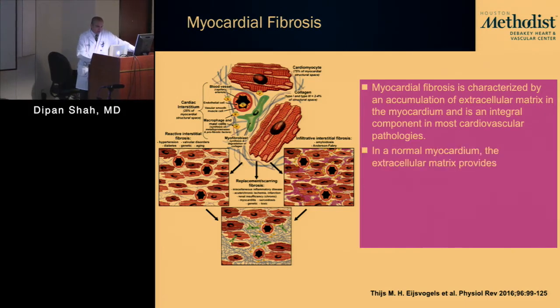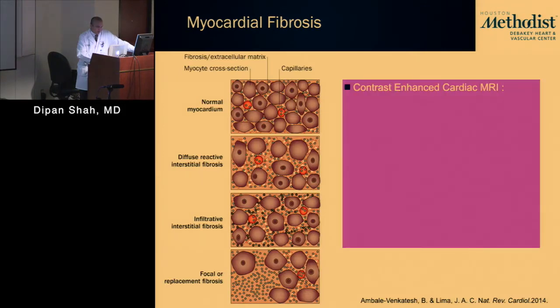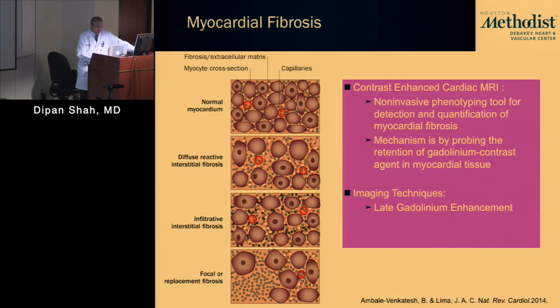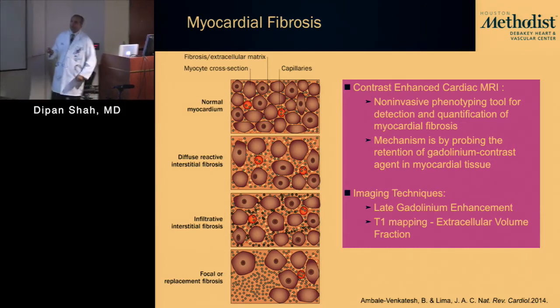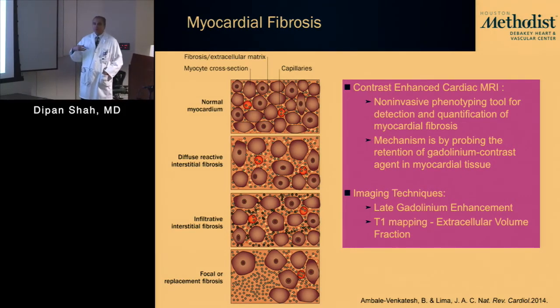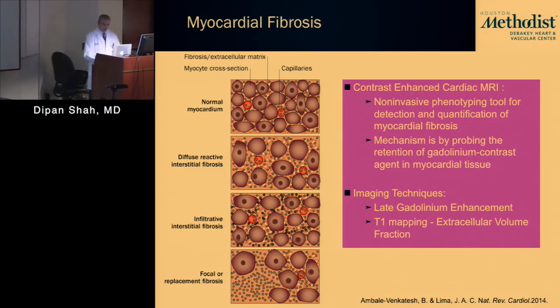Let me skip past this here and get to the T1 mapping techniques, which allow you to try to identify the presence of expansion of the extracellular volume, which is essentially what we think of as associated with the presence of interstitial fibrosis, which is much more diffuse.